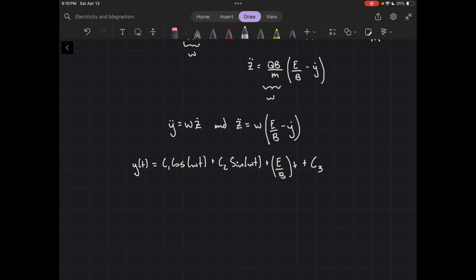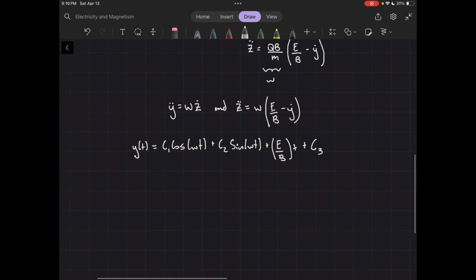And that's for the motion in the y direction, and then for the motion in the z direction, z of t is equal to c2 cosine omega t minus c1 sine omega t plus c4. So these are the two general equations.